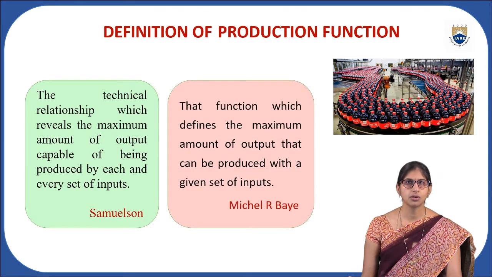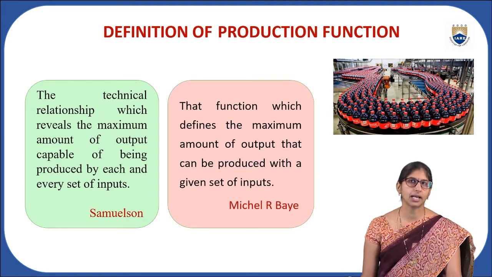And now coming to Michael R. Bay, he also defined the production function, and he says that the production function defines the maximum amount of output that can be produced with a given set of inputs.